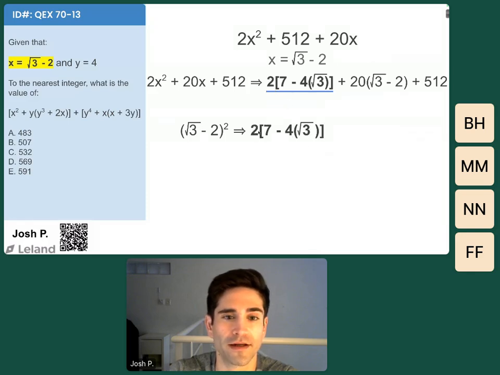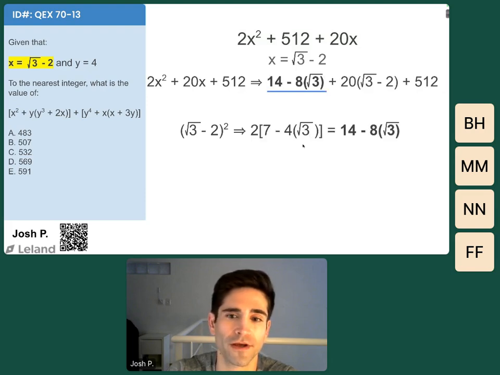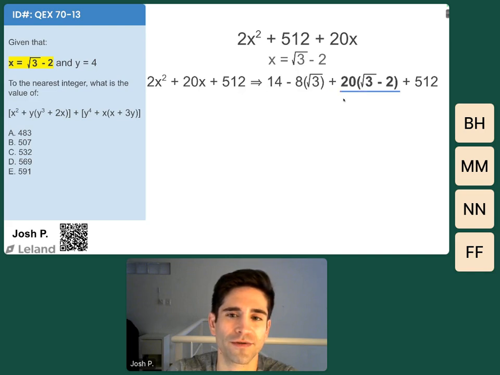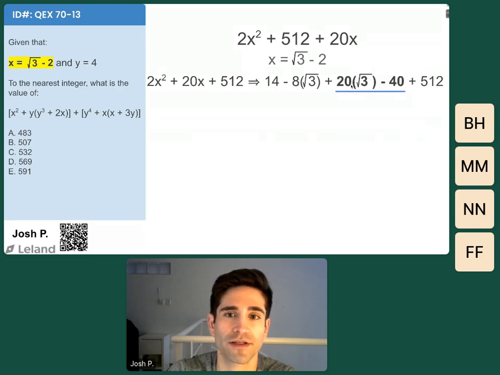And now we can look at the term 2 times 7 minus 4 square root 3. When we distribute the 2, we're left with 14 minus 8 square root 3. And we do the distributive property right here. 20 times square root 3 minus 2 is equivalent to 20 times square root 3 minus 40.